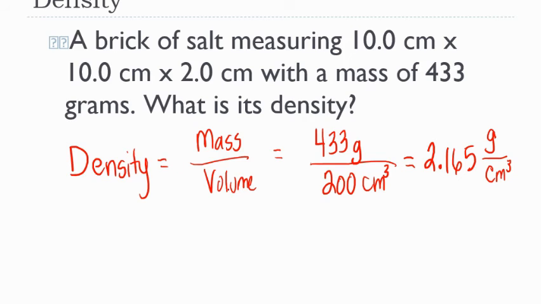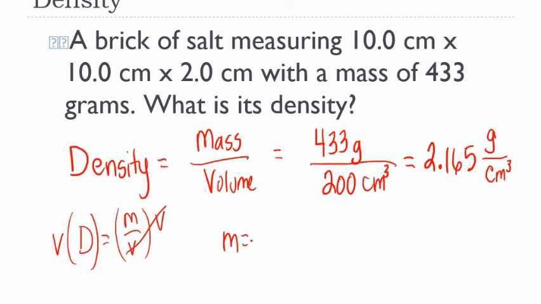I'm going to multiply both sides by volume to get mass by itself. So density equals mass over volume. I'm going to multiply this side by volume, but if I do that, what do I got to do over here? I got to do it to this side as well, right? My volume is going to cancel out. That's going to leave me with mass equals density times volume. Right? Remember that part of algebra?